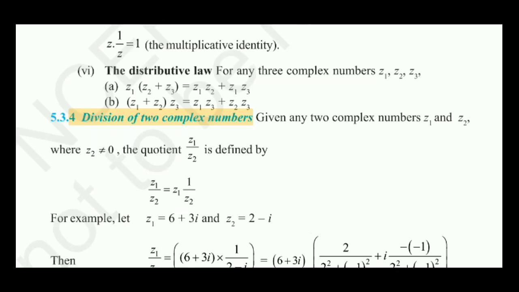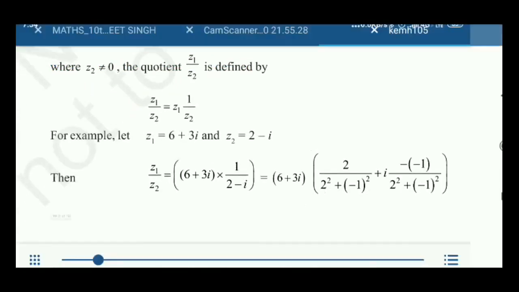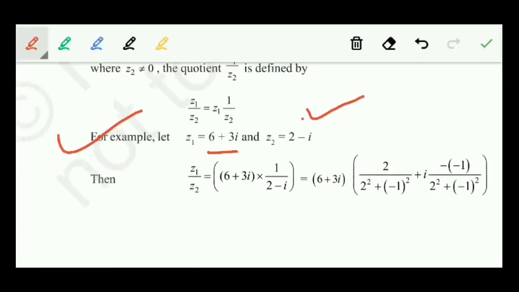Let us suppose the first complex number z1 is equal to 6 plus 3 iota, and z2 is equal to 2 minus iota. So you can see z1 upon z2, and substitute the values of z1 and z2. You will write down (6 plus 3 iota) multiplied by 1 upon (2 minus iota).